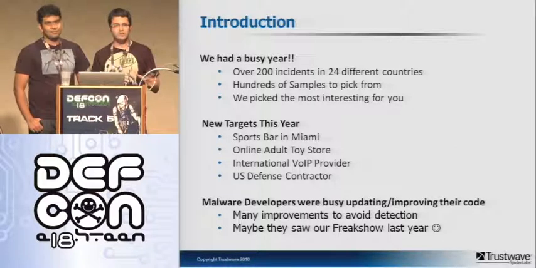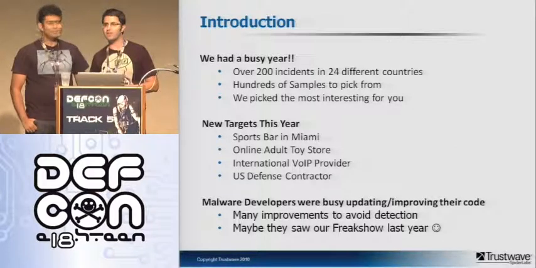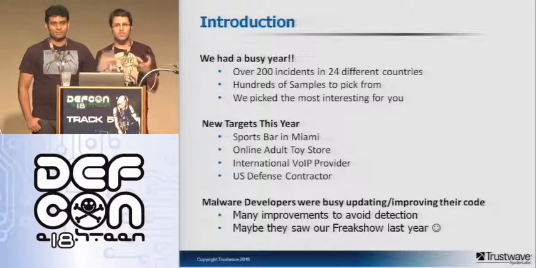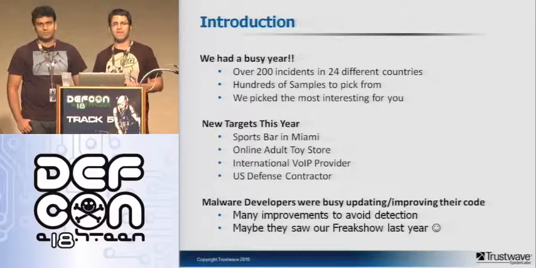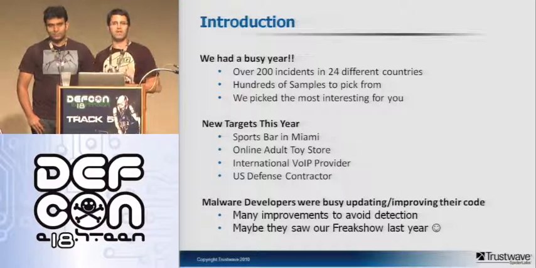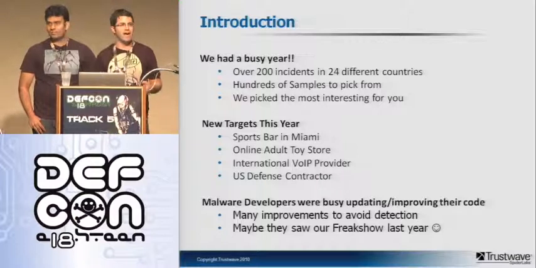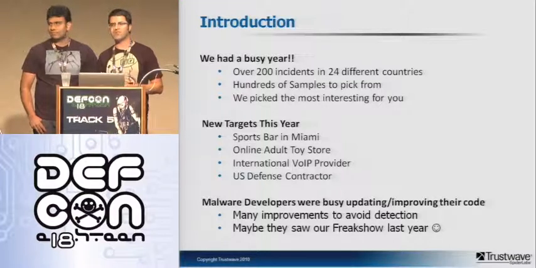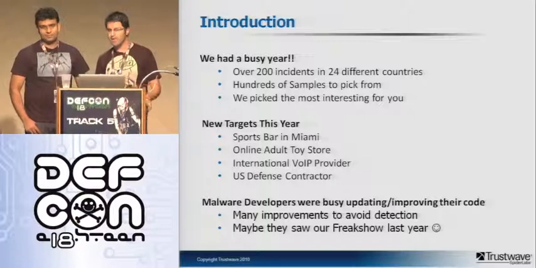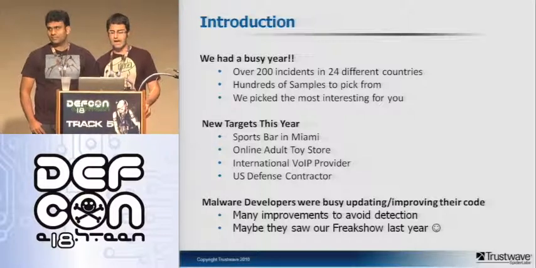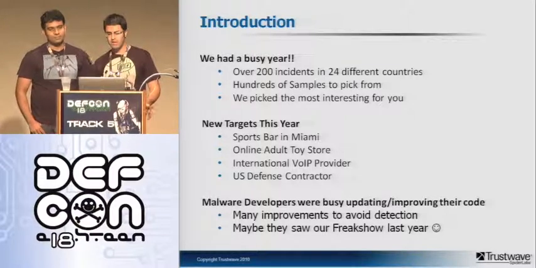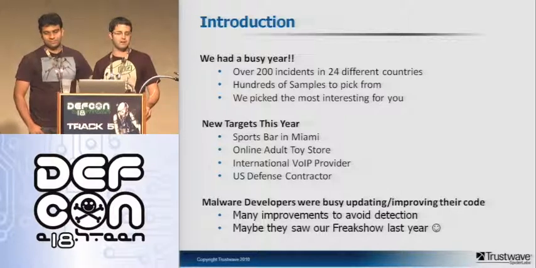So we have some new targets, and if anybody attended the talk last year, we talked about the target environment and showed you how the environments work from a technical standpoint. We're going to fast forward a little bit past that and really describe just the environment at a high level and spend a lot of the time focusing on the malware itself. But the new targets we have are a sports bar in Miami, an online adult toy store, an international VoIP provider, and a U.S. Defense Contractor.